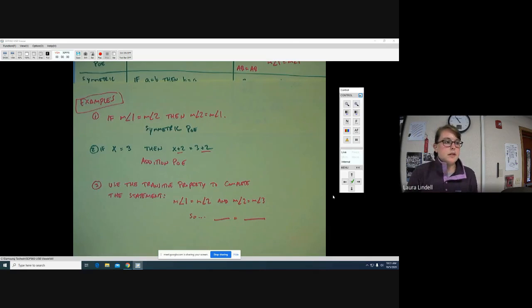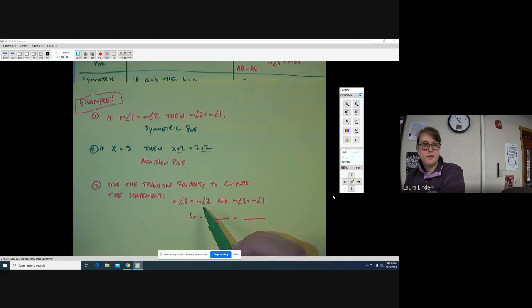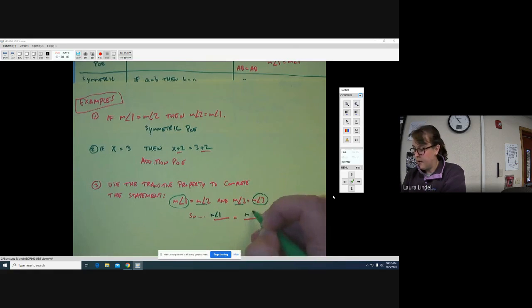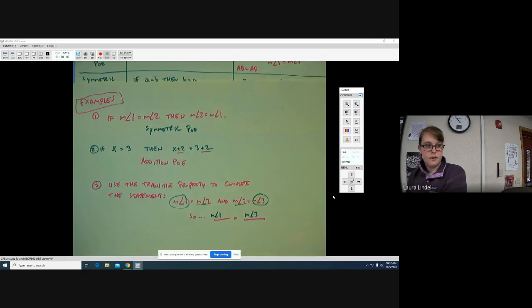So we might have to fill in the blanks of a transitive property statement here. If measure of angle 1 is equal to measure of angle 2, and measure of angle 2 is equal to measure of angle 3, then these are the ones that are the same. And so you take the ends and set them equal: measure of angle 1 equals measure of angle 3. So we're cutting out that middleman of angle 2.